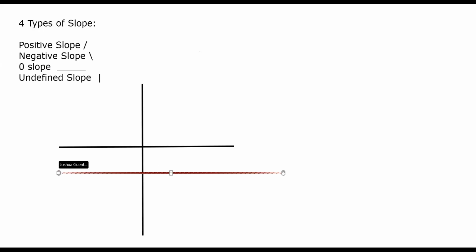Basically, when I say zero slope, I literally mean the number 0. So let's look at how we deal with zero slope and horizontal lines as a result. Let's play pretend. Let's say we have a line that crosses through the y-axis.